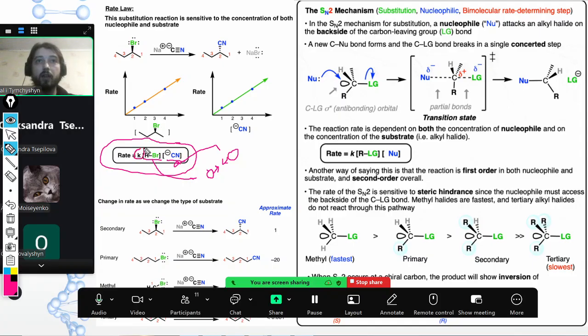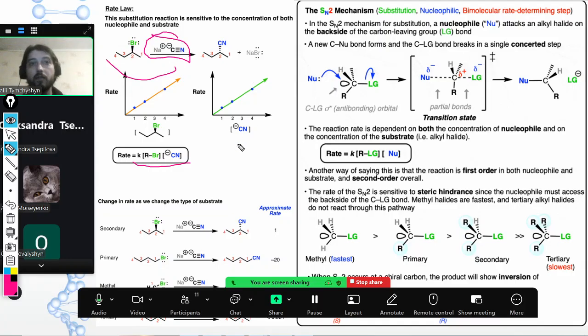Here we have just hidden away all other parameters: they should move with appropriate speeds, be appropriately positioned in space, attack with these electrons this orbital and nowhere else, and so on. But anyway, you see this product, so you get a rate that depends on both the concentration of the substrate and the concentration of the nucleophile.